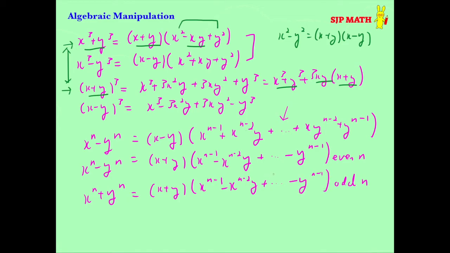It's exactly the same as this. Since n is even, at this point this should be a minus after all the alternations. And here, since n is odd, after all the alternations, this should be a plus.